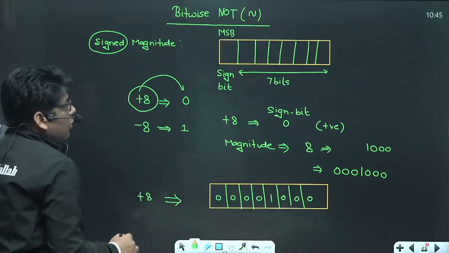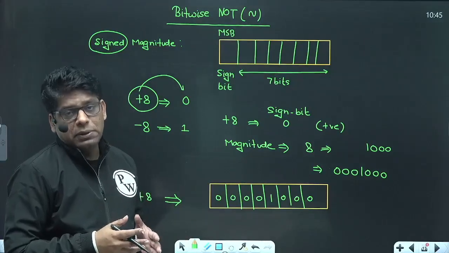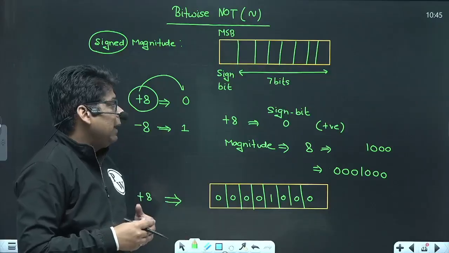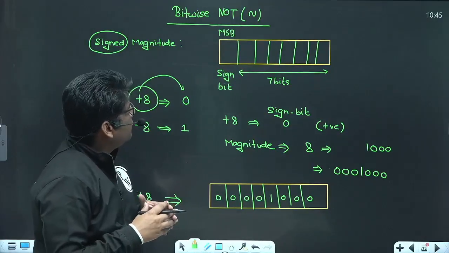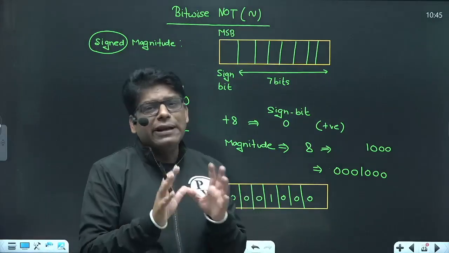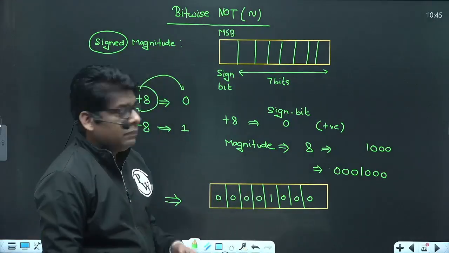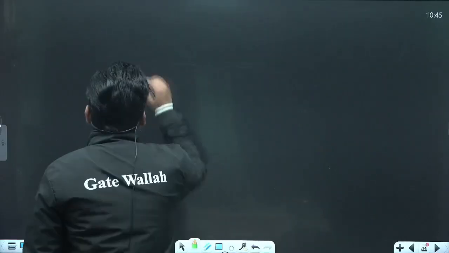You all will learn this in your digital subject, but still I am trying to tell you whatever is necessary. Okay, sir. But if someone asks me, how can I store minus of 8?